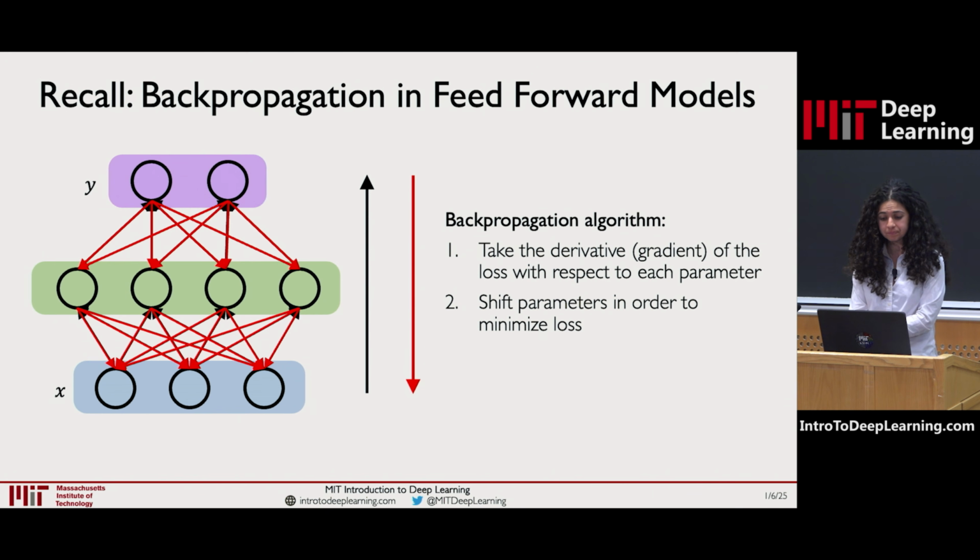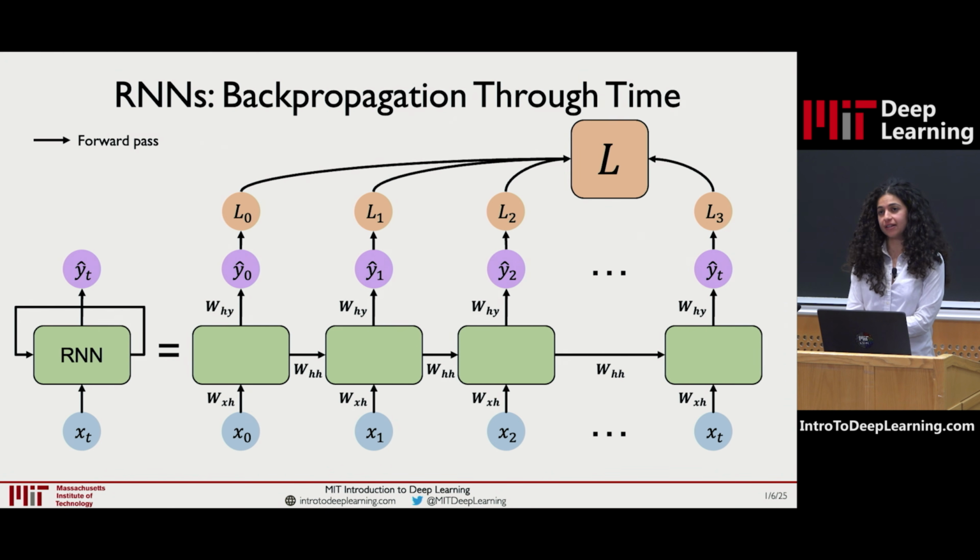We take a step. In RNNs, we saw this preview of how the loss is actually computed time step by time step. Now, when we want to train RNNs, we not only need to consider an individual loss, but actually the aggregate loss through all these individual time steps.